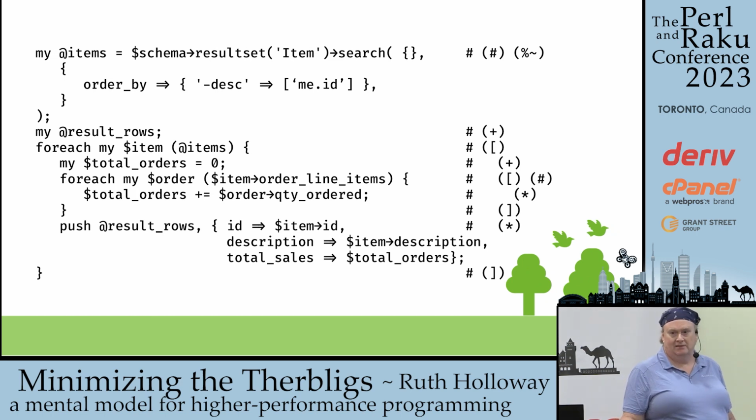All right, result rows, nothing big there. That's just initializing a variable. That's easy. For each item, let's loop. Oh, look, we've got another loop inside the loop. And for each one of those, because we didn't prefetch it up there at the top, we're going to have to do another database request and go out and get more stuff. Another inter-process communication. And we're going to get back for each of those items every order ever of that item.